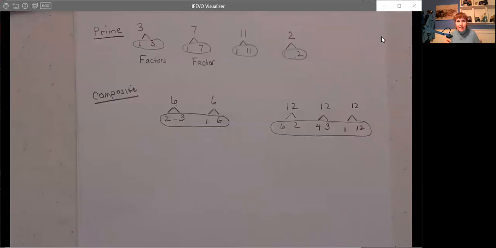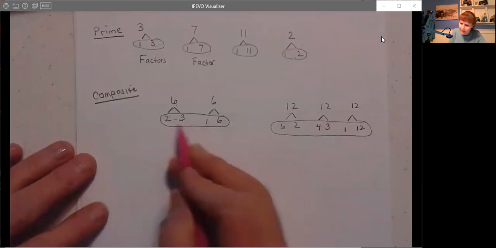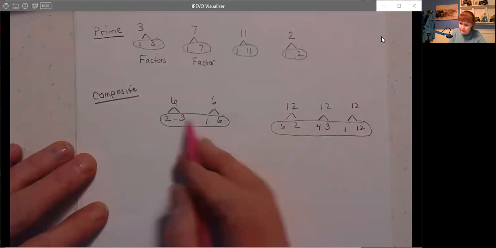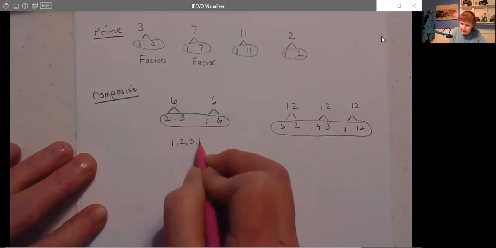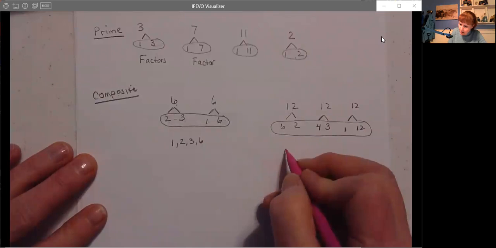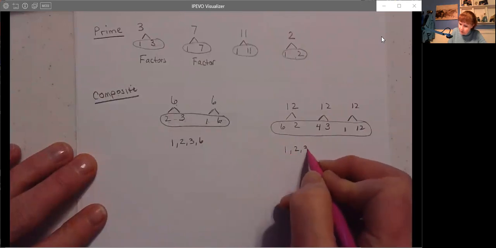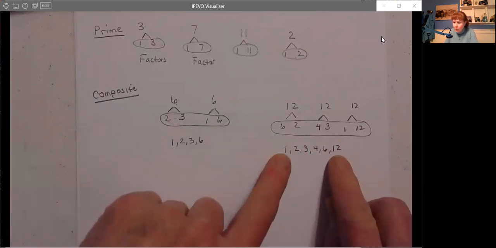All right, so let's look at some other composite numbers. If they ask you, let's back up. If they ask you for the factors of like 6, you would write 1, 2, 3, and 6. All right, so you would list these numbers here. The factors of 12: 1, 2, 3, 4, 6, and 12. Don't forget about the 1 and the 12.